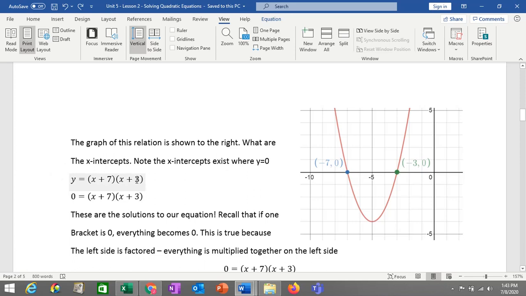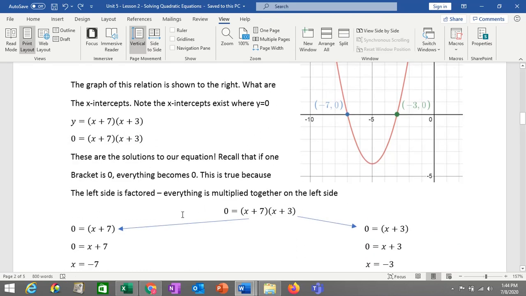So remember, on a graph, if you have x-intercepts, that means that y is equal to 0. That means you have this. So your x-intercepts are actually going to be useful here because the x-intercepts to this relation are actually the roots, which is the word that we use for solutions, the roots or solutions for this equation.